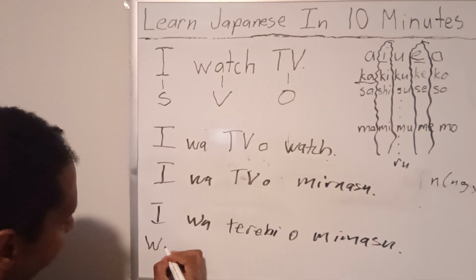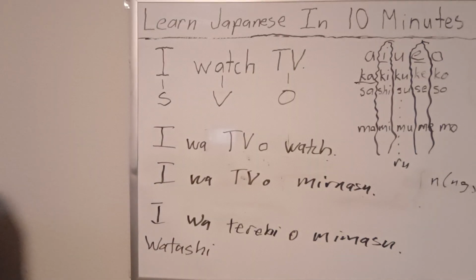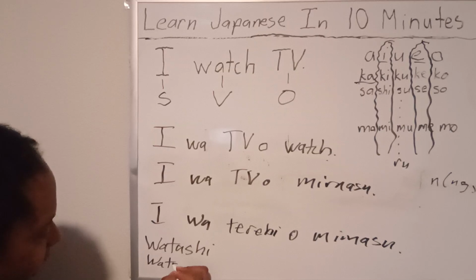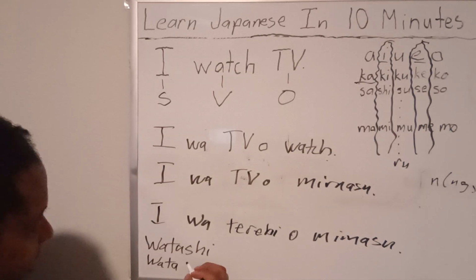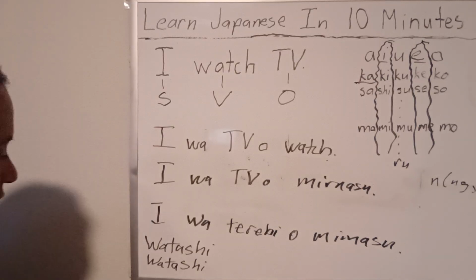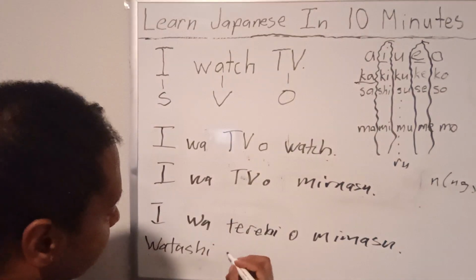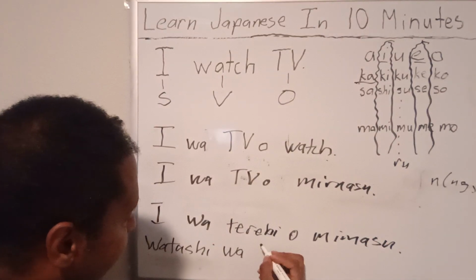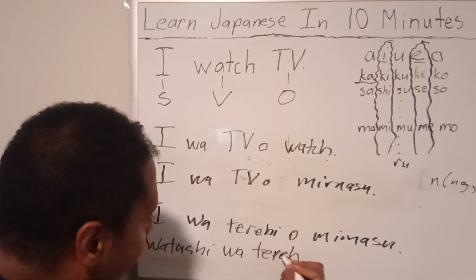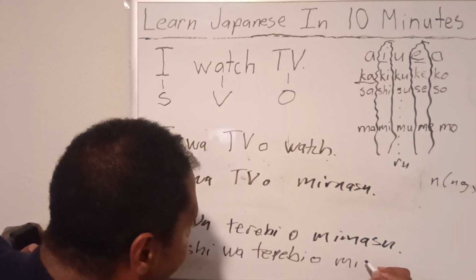Now, you just have to learn it. I is watashi. I think of water, but say wata, like water, and then just add shi. Just remember that, watashi. So watashi means I. And then you add the wa, then terebi, o mimasu.